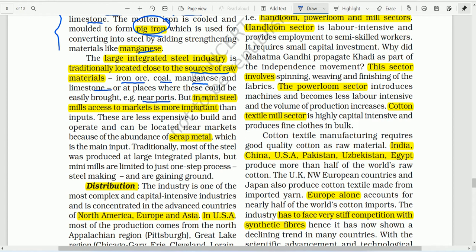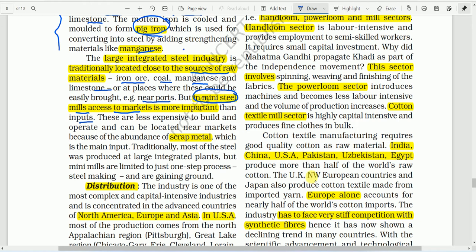When we import iron ore and coal from other countries, then we can find these iron and steel industries near the port also. But for mini steel plants, access to market is more important. For the mini steel plants, nearness to the market is more important than the inputs.